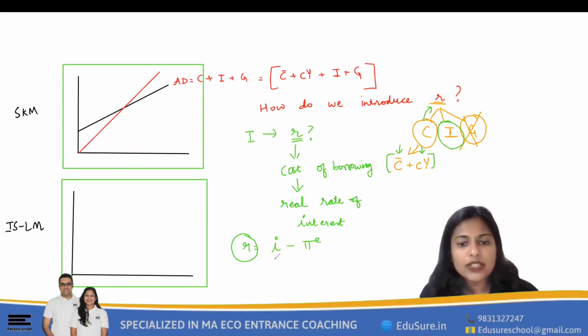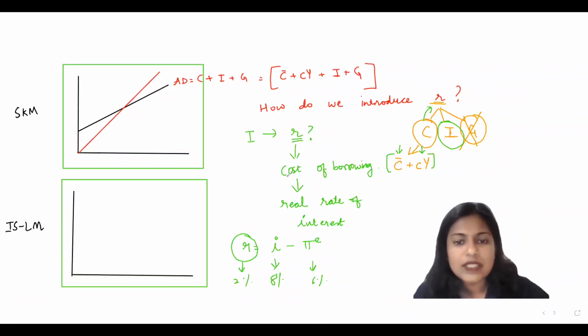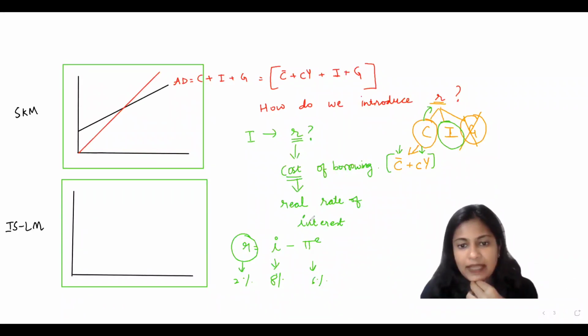So if the nominal interest rate is 8%, but inflation is 6%, what you're earning in real terms is just 2%. And investment is a function of the real rate of interest. So in terms of the cost of borrowing, to the person from whom you are borrowing the money, you're actually in real terms only giving him 2% return.